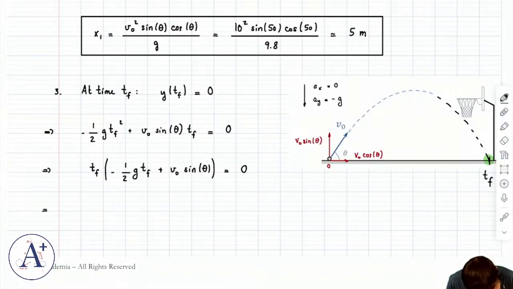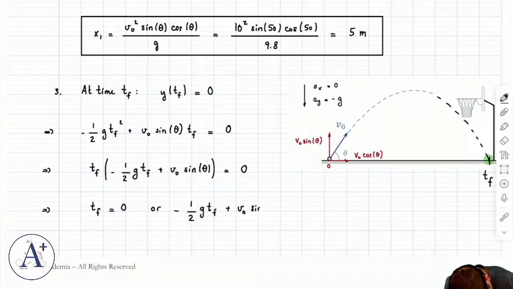A product of terms is 0 if and only if at least one of the terms is 0. So either T final is 0 or minus 1/2 g T final plus v naught sine theta is equal to 0.